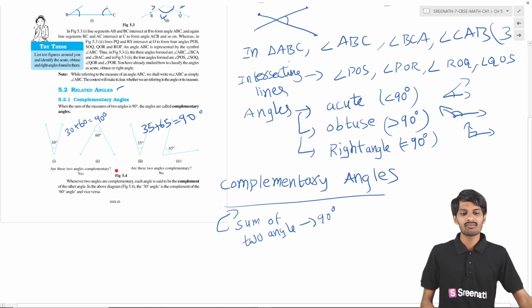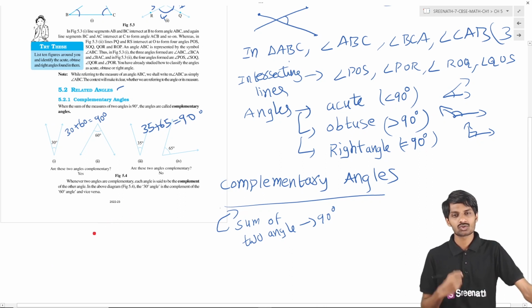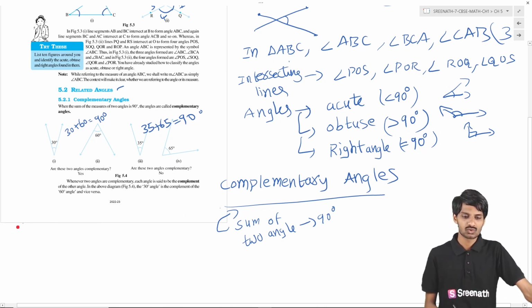Whenever two angles are complementary, we say that each angle is a complement to the other angle, students. So the sum of two angles is 90 degrees. We call this complementary angles.